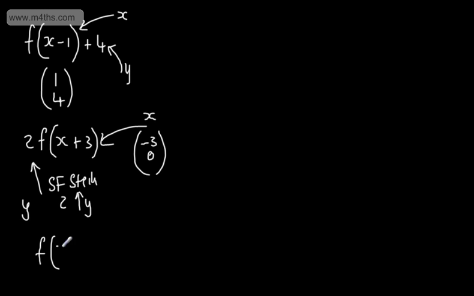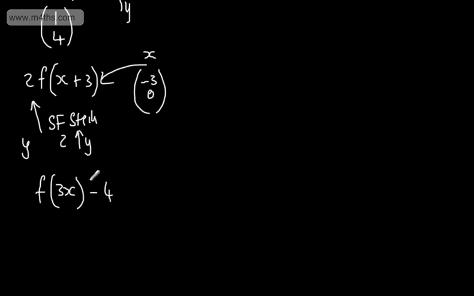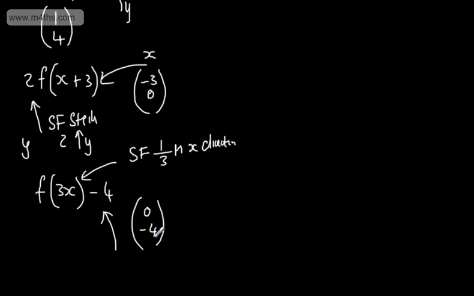Let's say we had the f of 3x minus 4. Again, we've got now two different directions. This now is a scale factor, so we can say SF of 1/3 in the x direction, or you could say parallel to the x-axis, and this is a simple translation, and we'd have the translation in the y direction of -4, or we would move it down.